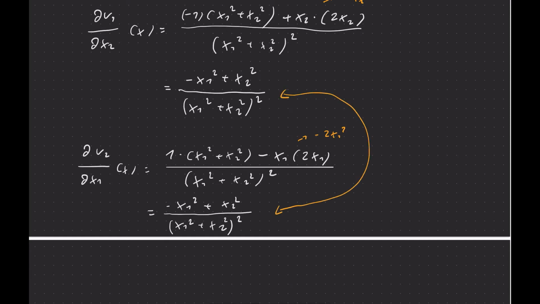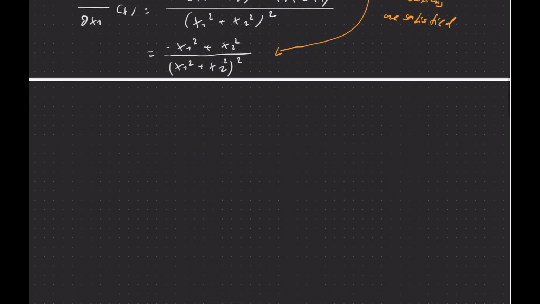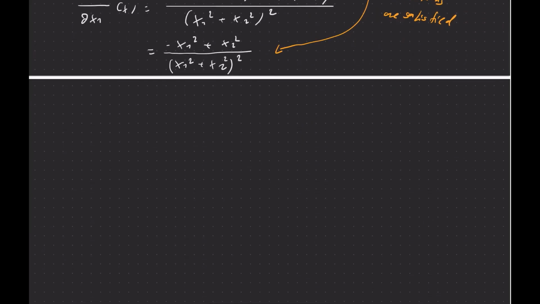That's the same value. So those are equal. And that means the integrability conditions are now satisfied. Okay, so with this little change, we get a vector field that does satisfy the integrability conditions. So what about simple connectedness?